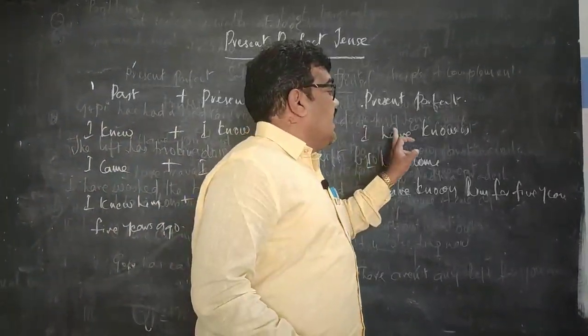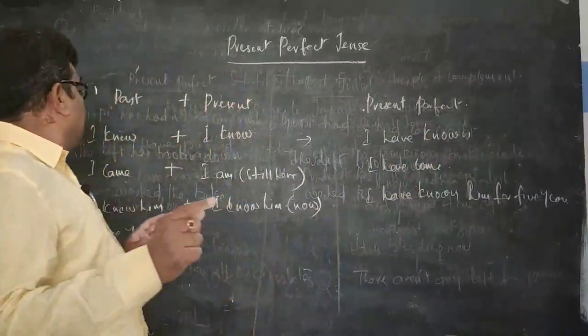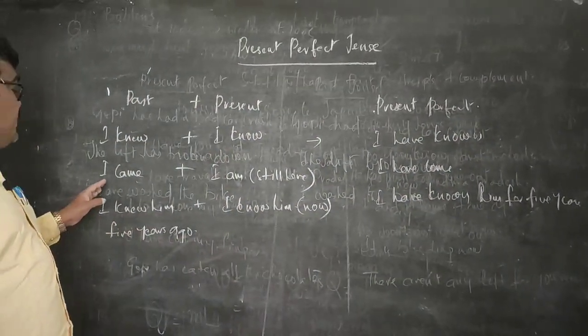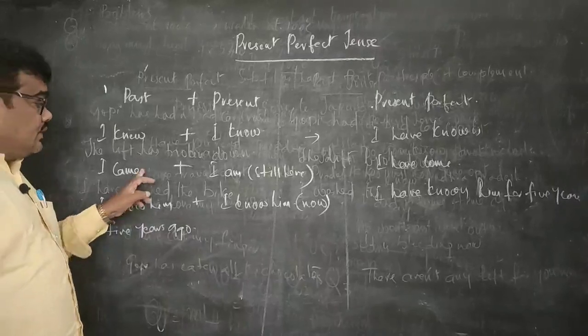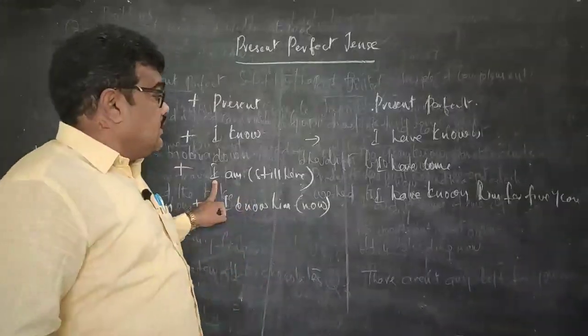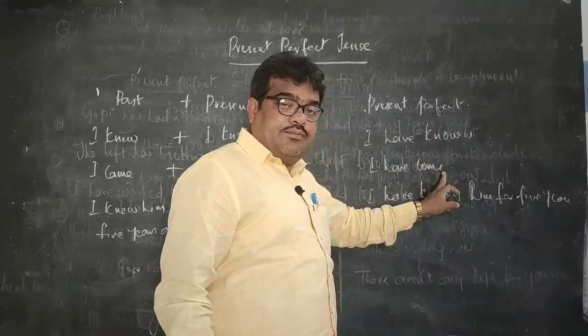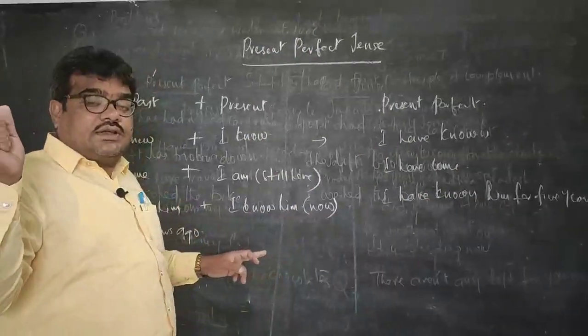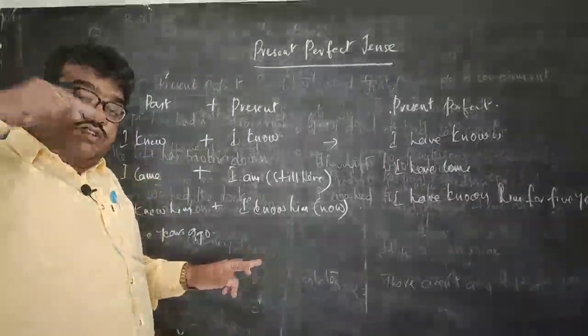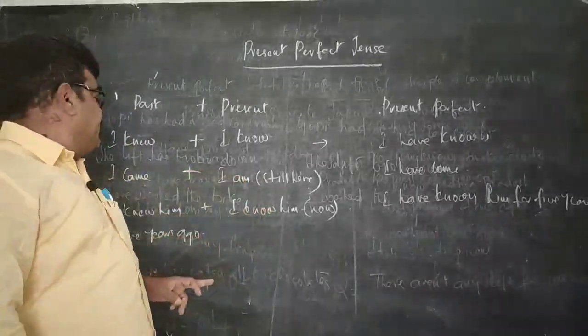What will it be? I have known. Next, you take another example. I came. I am still here. What will be the result? I have come. The action has been in the past. Still it is there. I am still there.